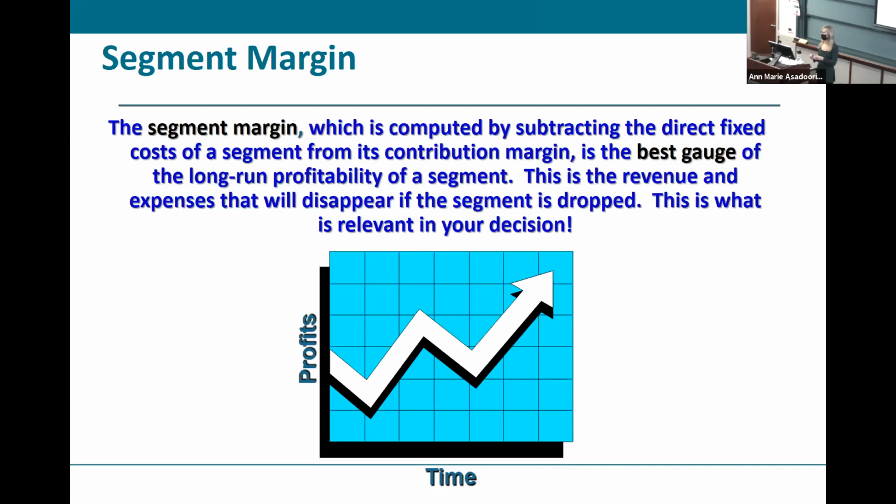Margin is what you are going to avoid because you are dropping that segment. If I'm looking at the segment margin, I'm saying, here's the margin coming in from that segment, and if I deduct the direct traceable fixed expenses, then I'm seeing what that segment is contributing to the company's overall profitability.